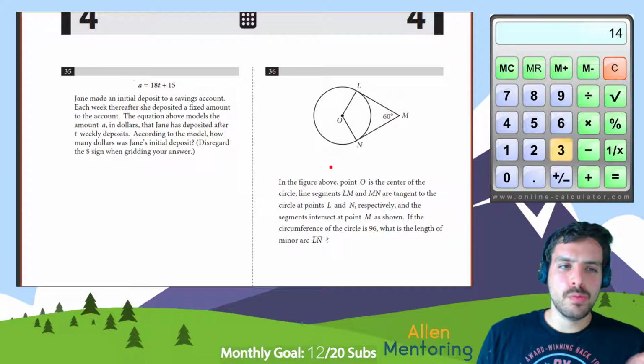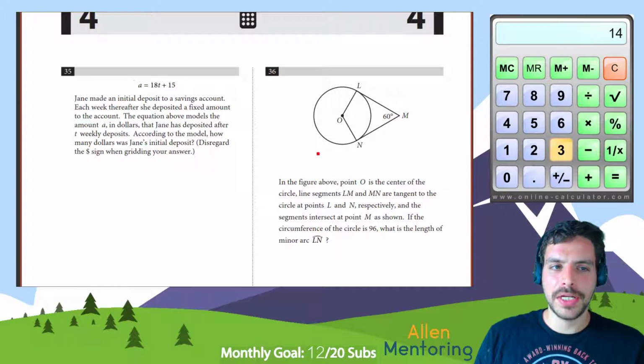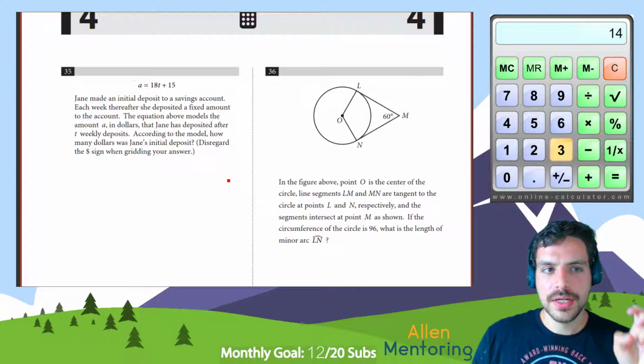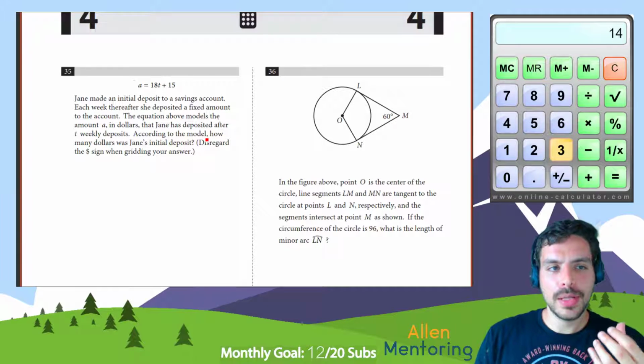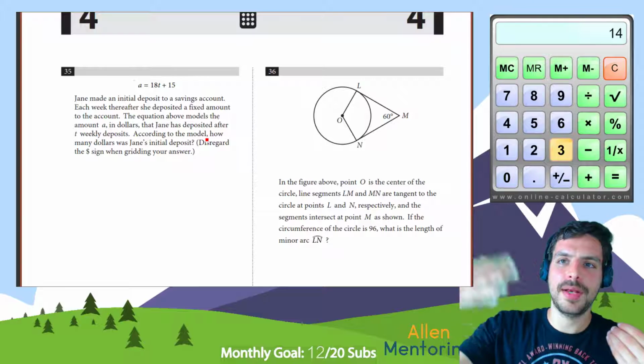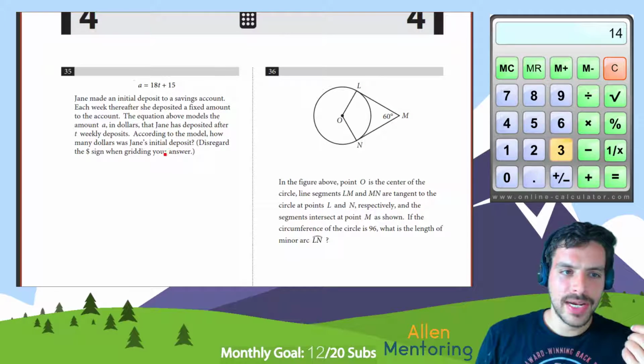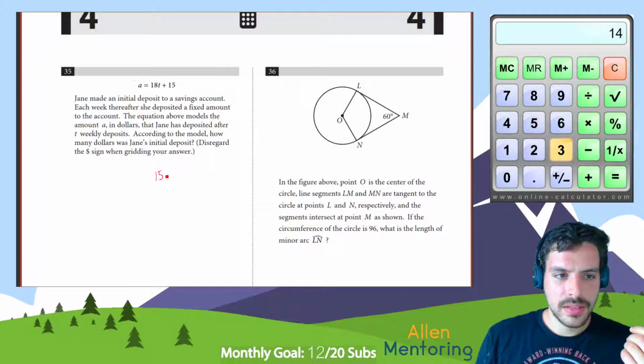So what is 15? Why are you adding a random 15 to this equation, right? 15 is kind of our y-intercept, aka the starting amount, right? We're adding 15 because that is what she started with, plus 18 times however many weeks she's been depositing. So in our case, 15 is the initial deposit.